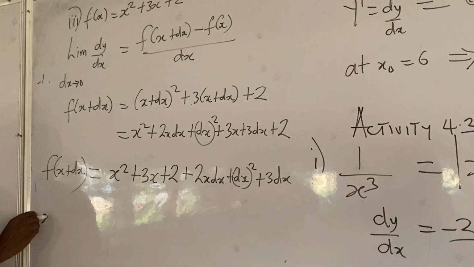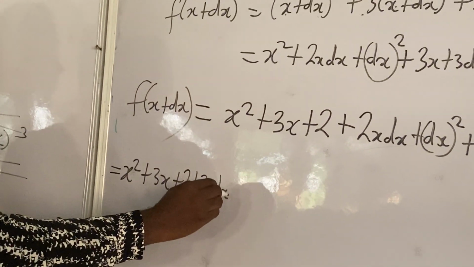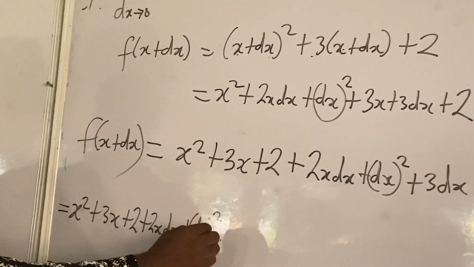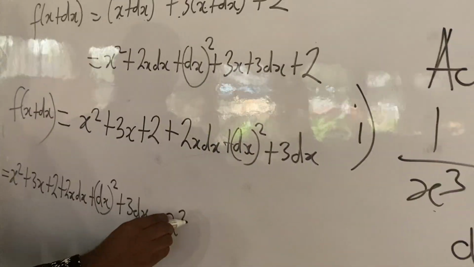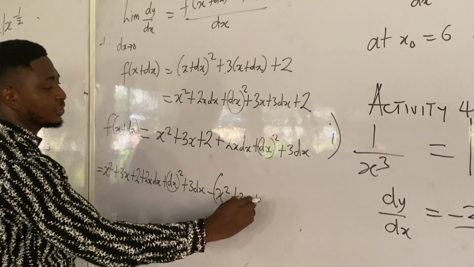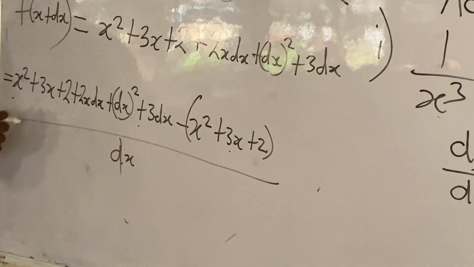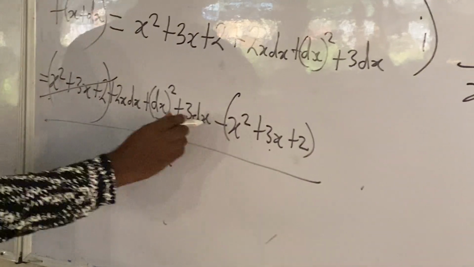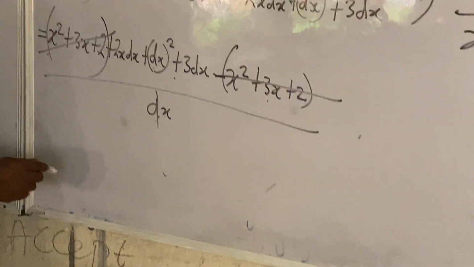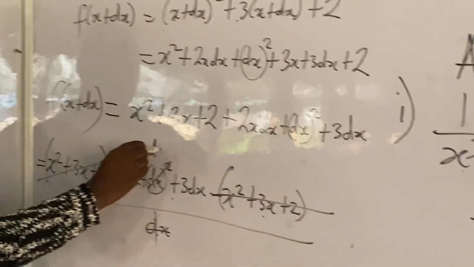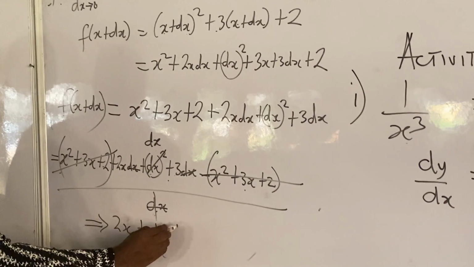So that will be x squared plus 3x plus 2 plus 2x dx plus dx all squared plus 3 dx, minus f of x, which is x squared plus 3x plus 2, all over dx. The x squared plus 3x plus 2 cancels, leaving 2x dx plus dx all squared plus 3 dx all over dx. dx kills dx, and you are left with 2x plus dx plus 3.